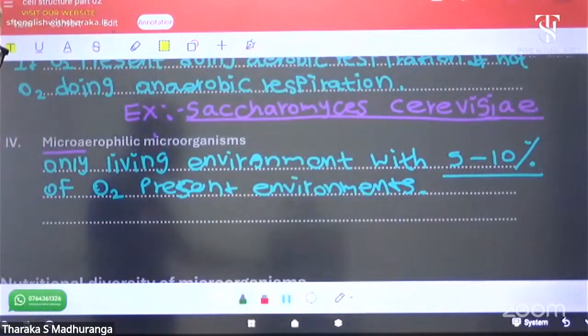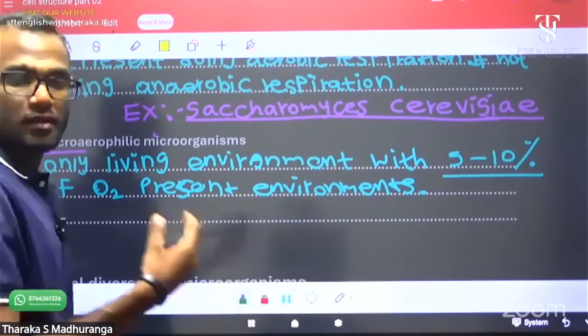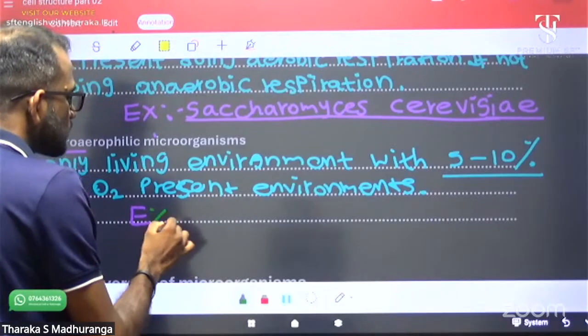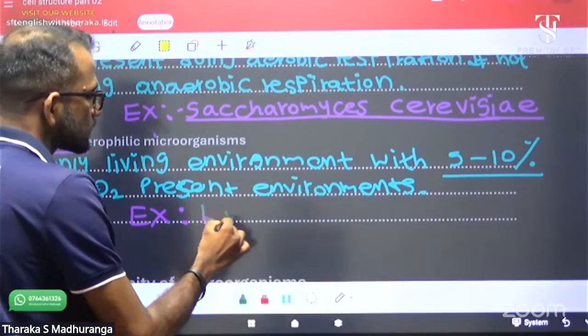Who are the examples? What do you think? You know, milk curd production uses Lactobacillus.